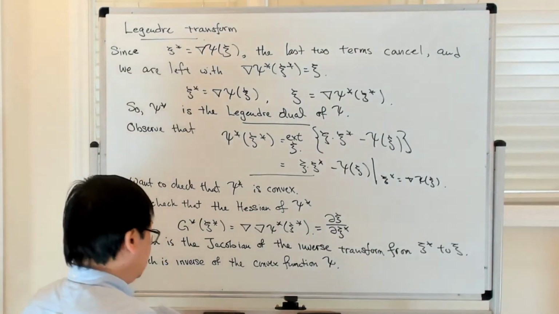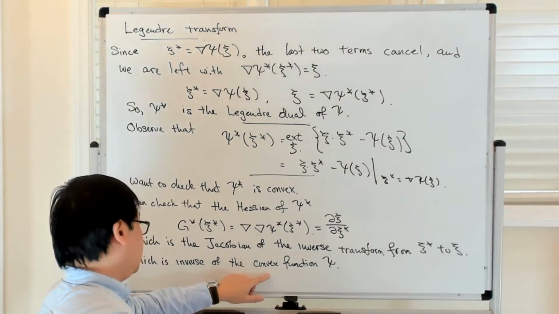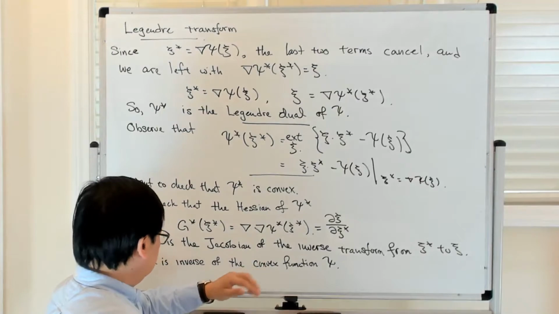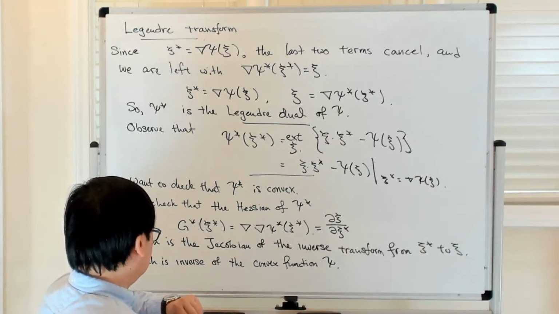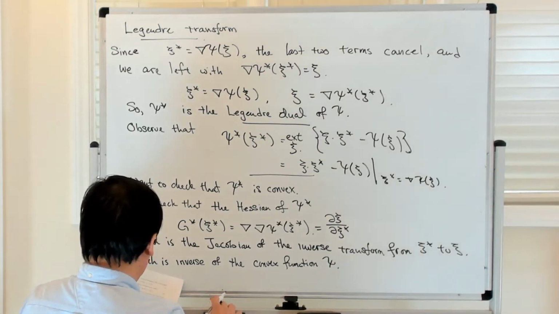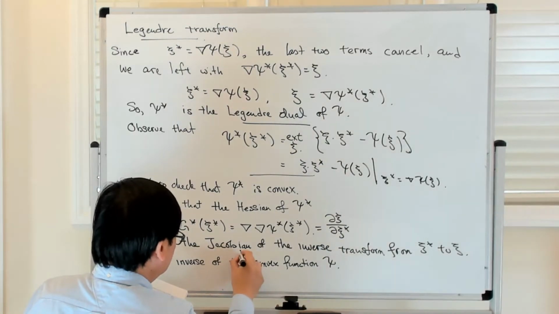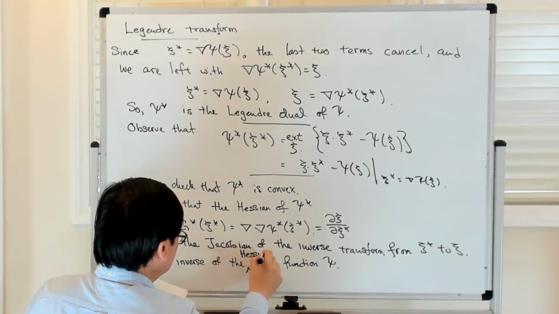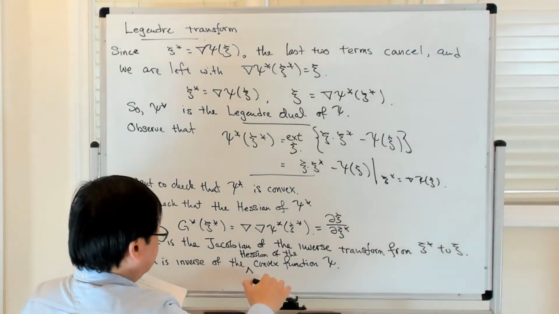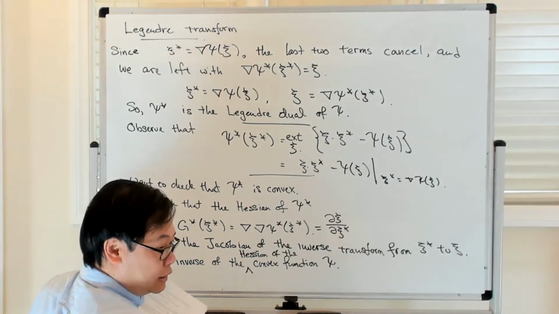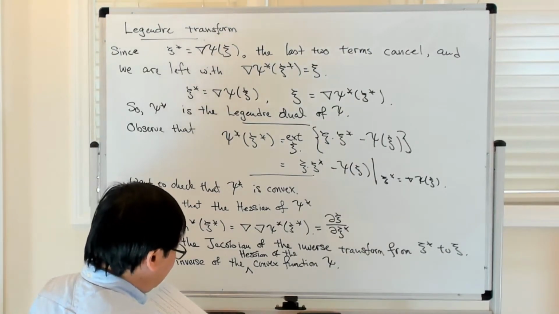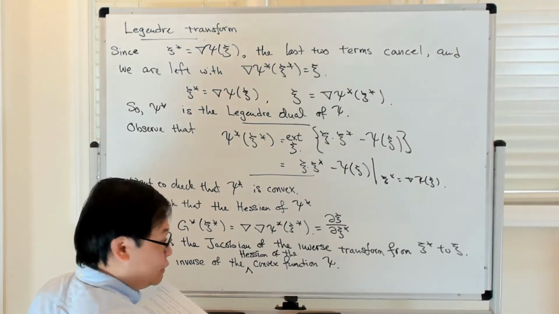Sorry, what am I saying? It's the inverse of the Hessian of the convex function. The Hessian of this convex function is positive definite, and so the inverse of that Hessian will also be positive definite.